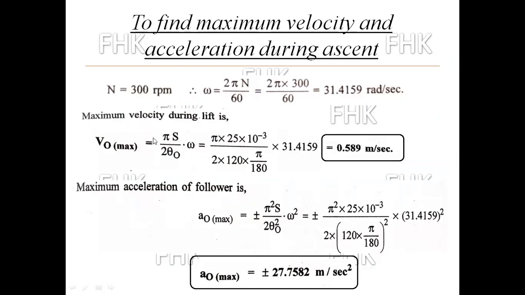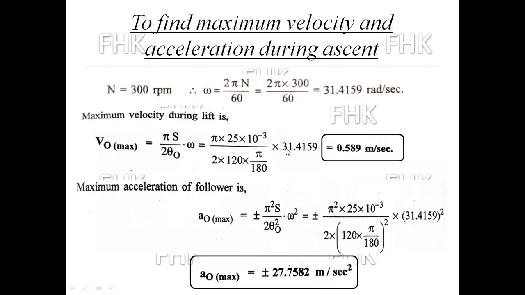This is pi into s, which is given as 25. I will convert this s into meters: 25 into 10 raised to minus 3, divided by 2 into theta, which is given in degrees. You have to convert it into radian by multiplying by pi by 180.